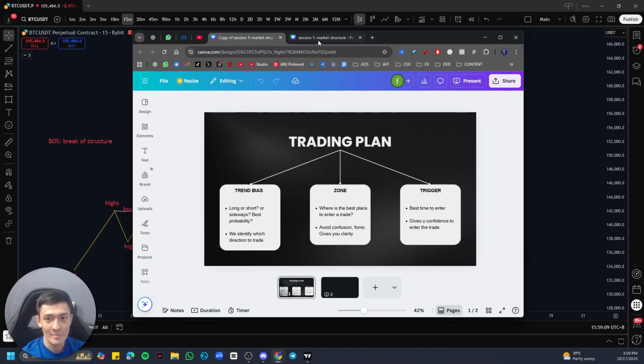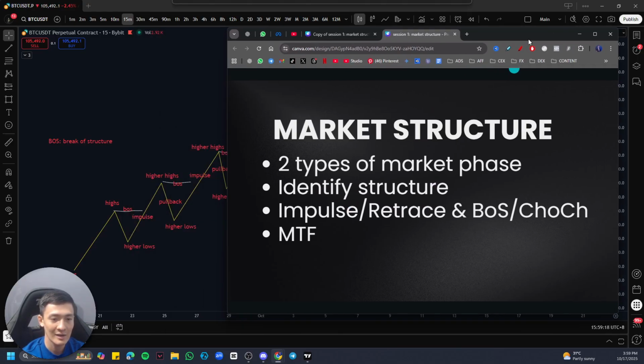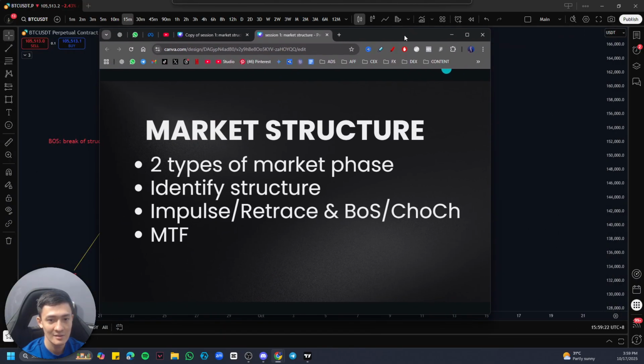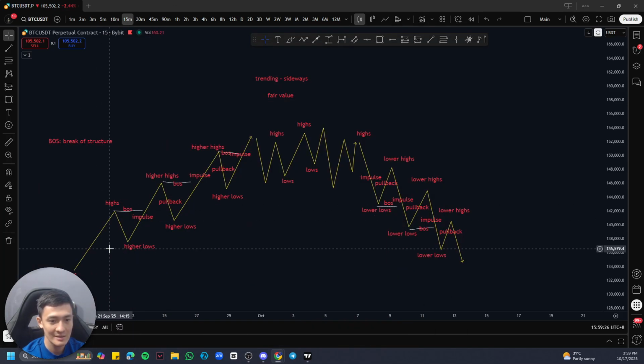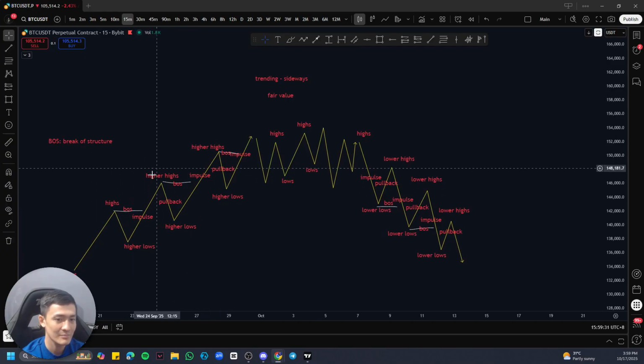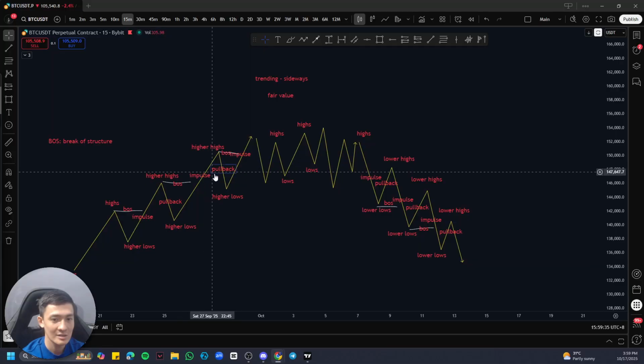We've gone through two types of market phases, sideways or trending. We've identified the structure: our higher lows and higher highs, our lower lows and lower highs. We've identified impulse and retracements. Impulse is the continuation move in a trend that breaks the structure, and a retracement is the pullback, or the opposite move in a trend.